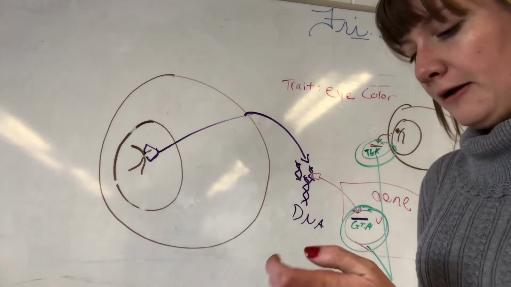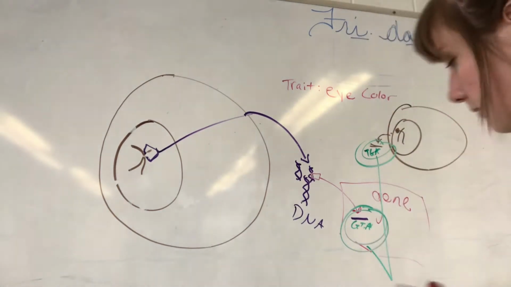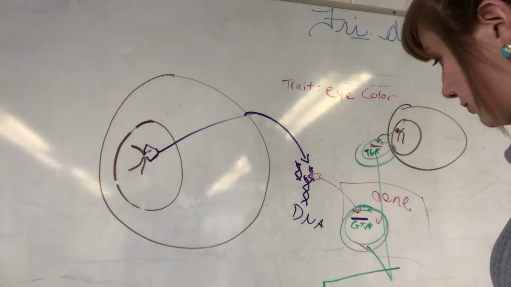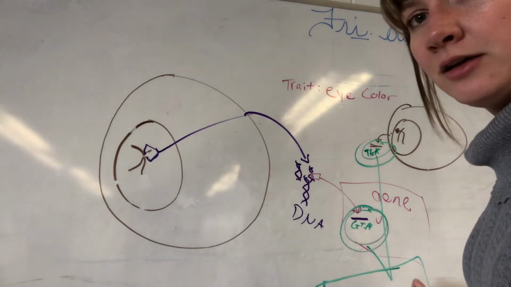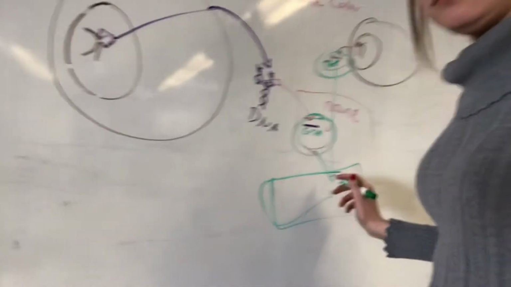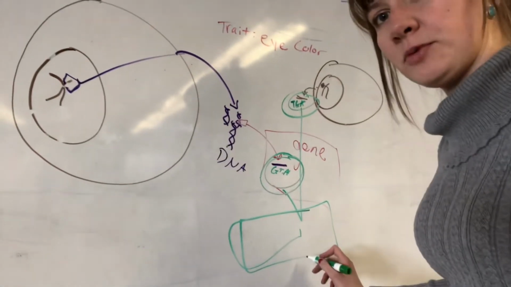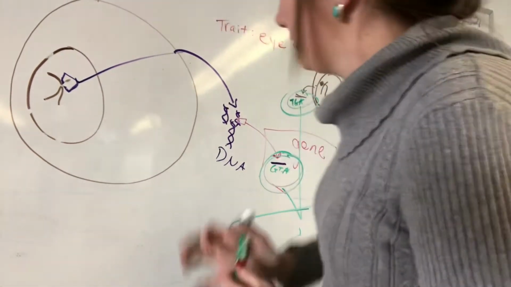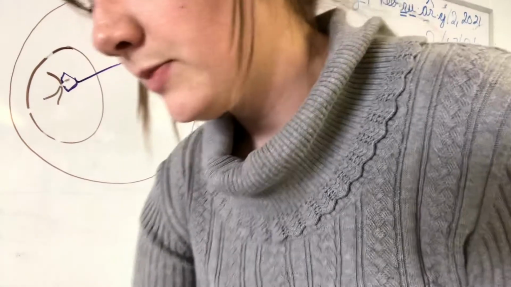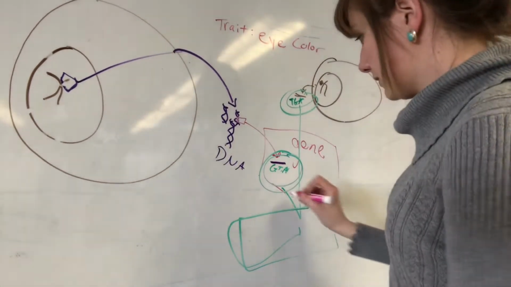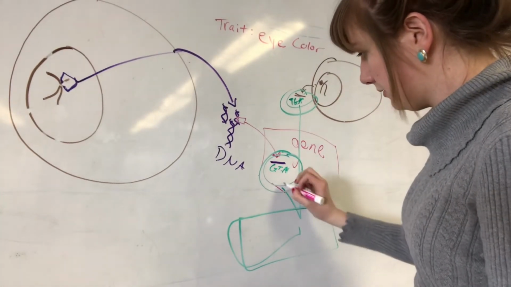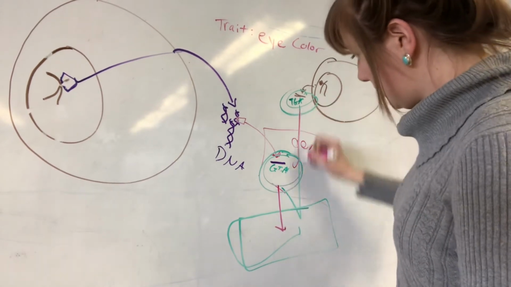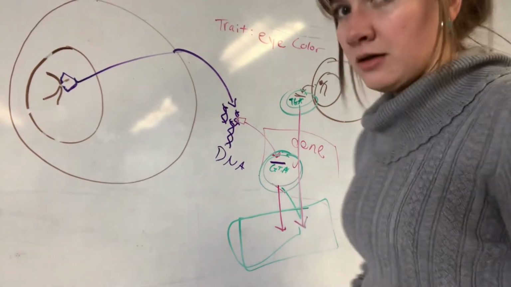So when you have offspring, we'll make a box down here and call this the offspring. These two genes, although they were genes for these organisms, are going to be called alleles. So they get one allele from this parent and one from this parent.